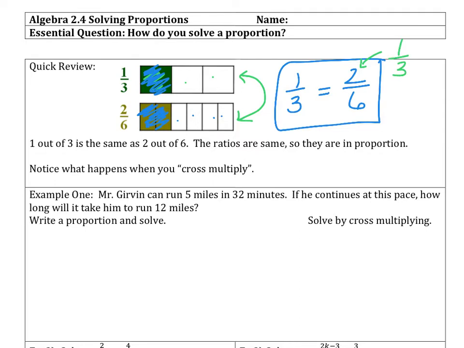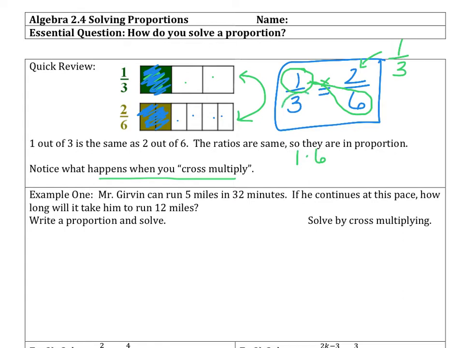Now, I want you to notice something else. What happens when you cross multiply? To cross multiply means you take a number in the numerator, go across the equals, and multiply it by the number in the denominator. So here we have 1 times 6.